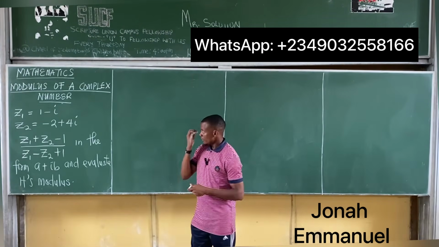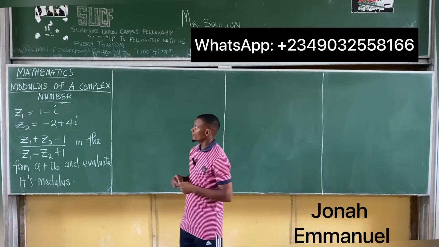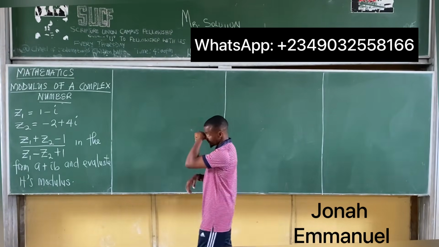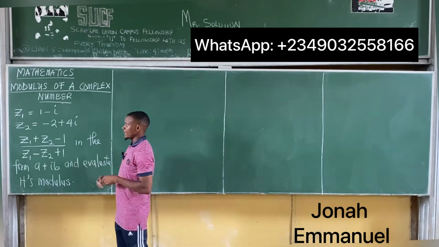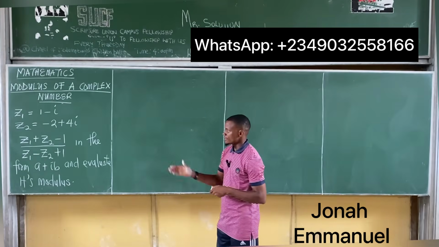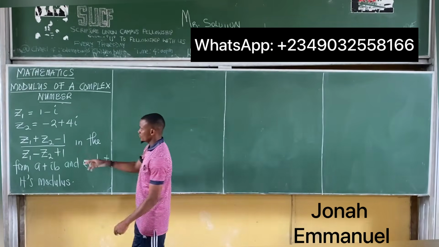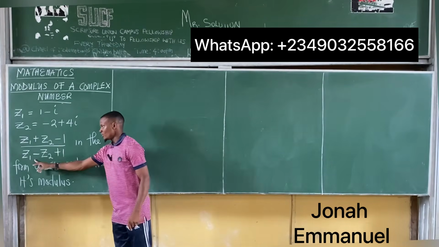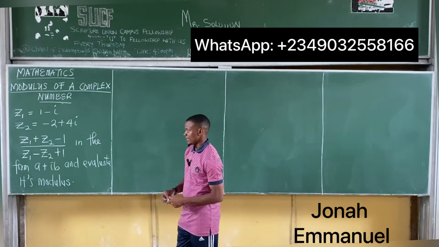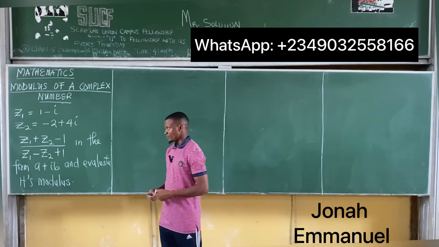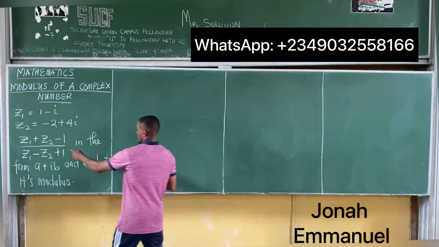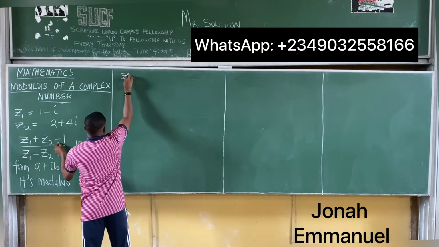All right, a final question on the modulus of a complex number. It says if z1 is equal to 1 minus i and z2 is equal to minus 2 plus 4i, evaluate z1 plus z2 minus 1 all over z1 minus z2 plus 1 in the form a plus ib and evaluate its modulus. My first task here is to get this expression.